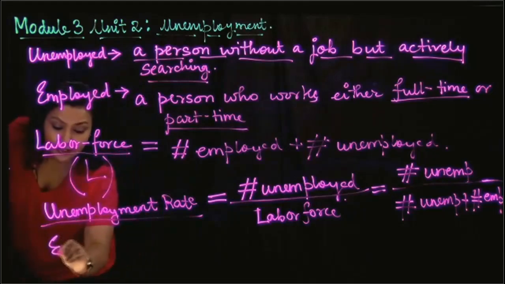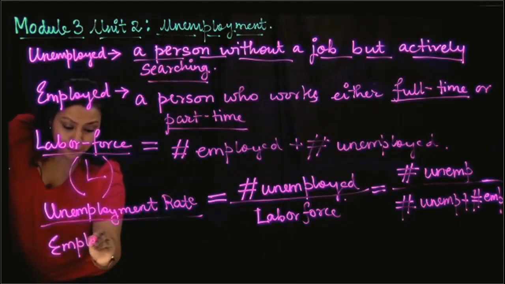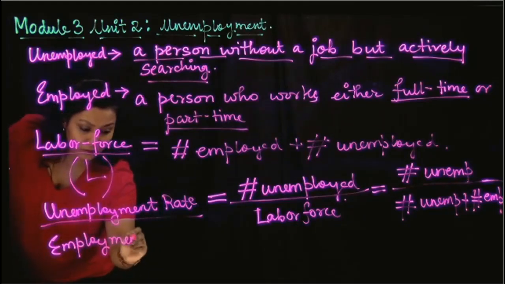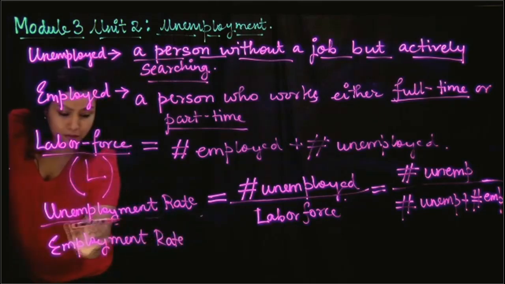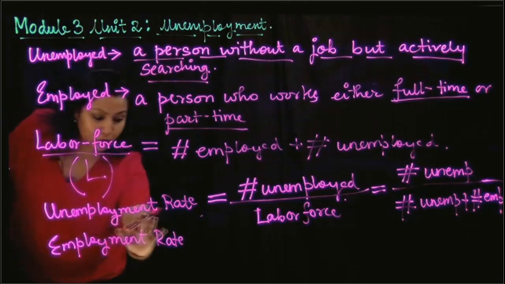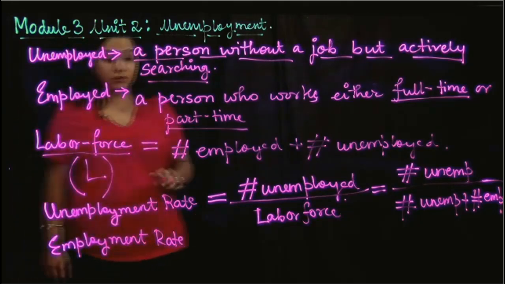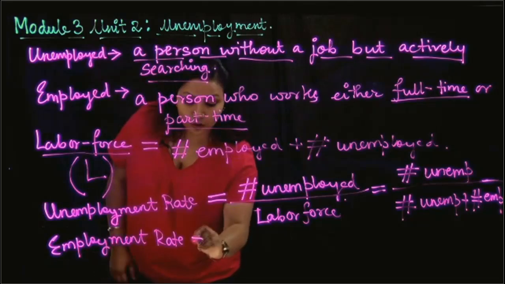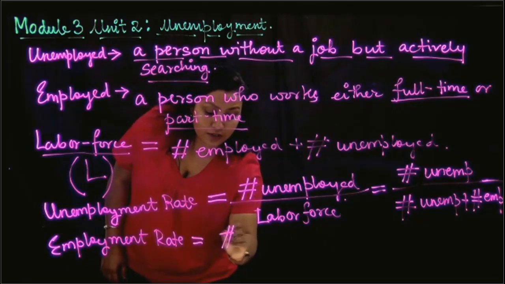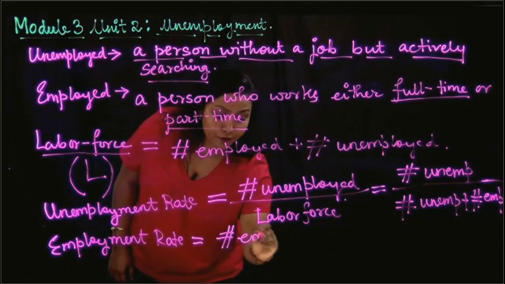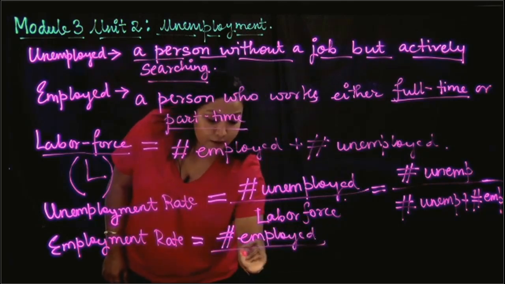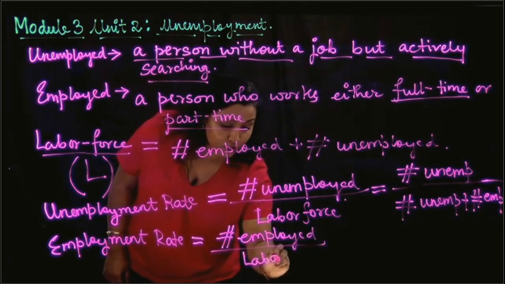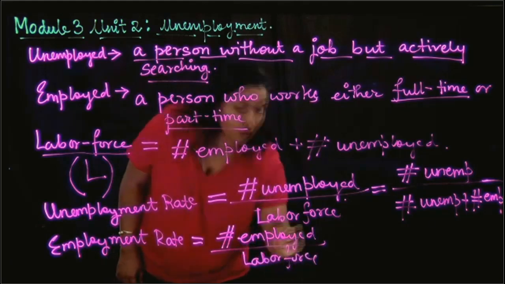Similarly, you can find the employment rate. I will remove that line to avoid any confusion. So the employment rate is just that, it is the number of employed people in a country divided by the labor force of the country.